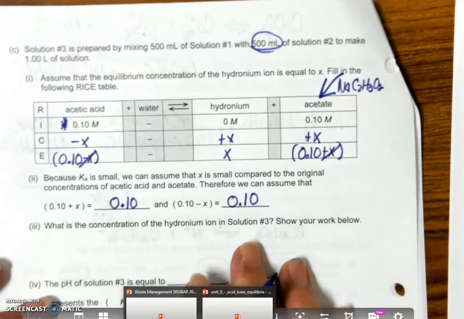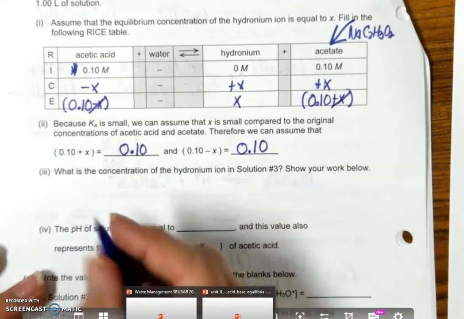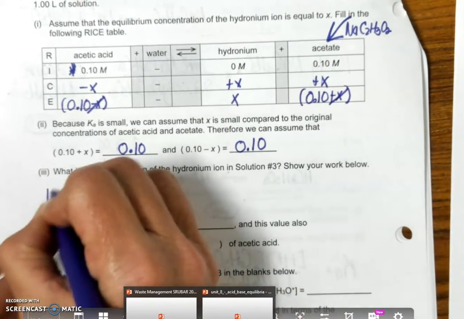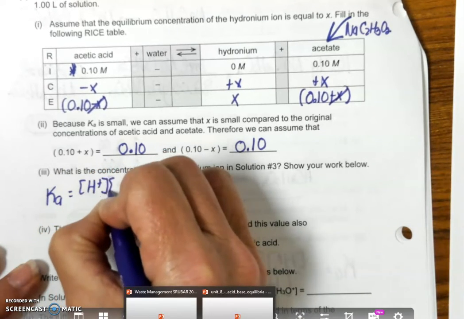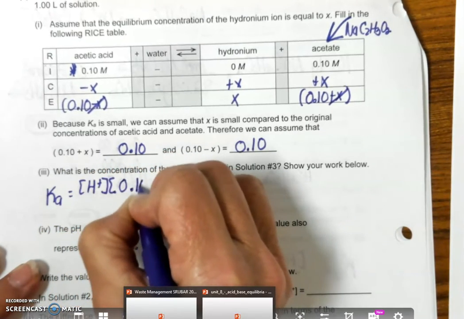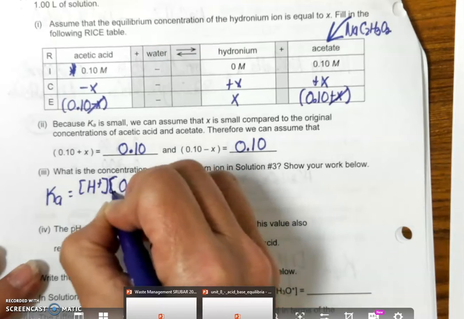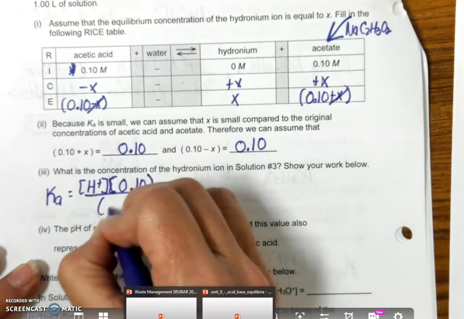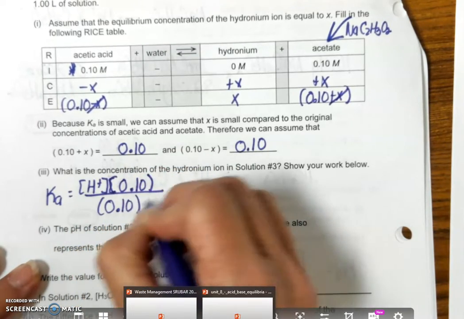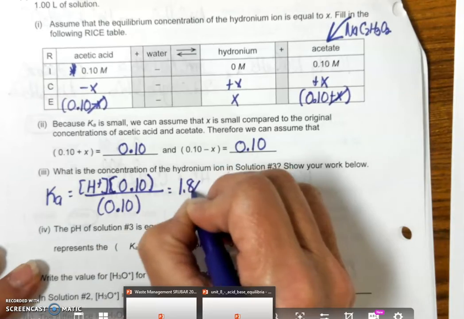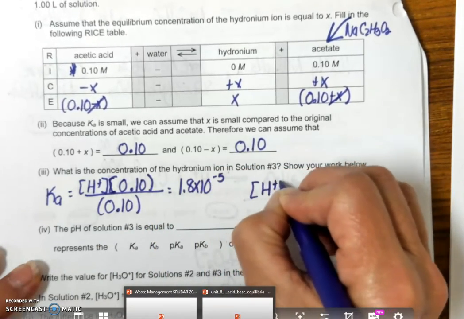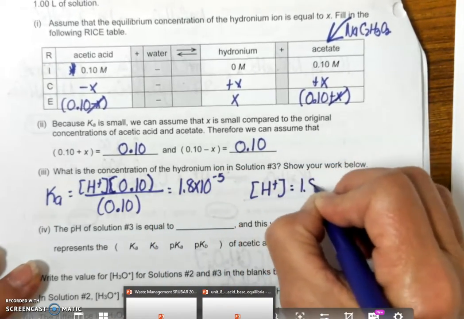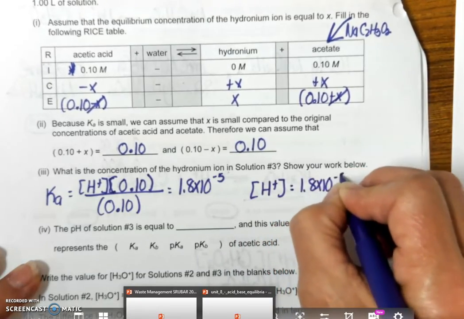And so what I do is I plug this into the equation, and I get that Ka is equal to the concentration of hydrogen times 0.10 molar divided by 0.10, which is equal to 1.8 times 10 to the minus 5. So the concentration of hydrogen ion is 1.8 times 10 to the minus 5.